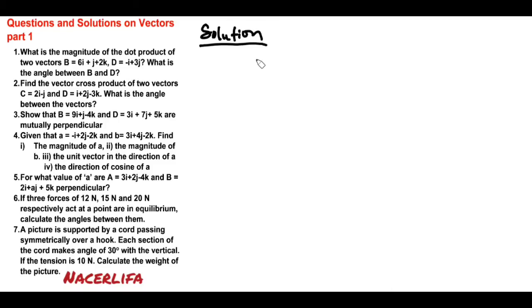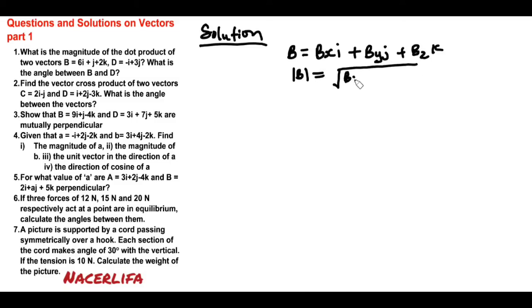So if, for instance, a vector is given as, let's say, B equals bx i plus by j plus bz k, to find the magnitude of this vector, we take the modulus. So we have square root of bx square plus by square plus bz square.